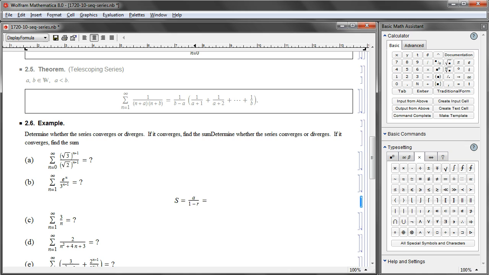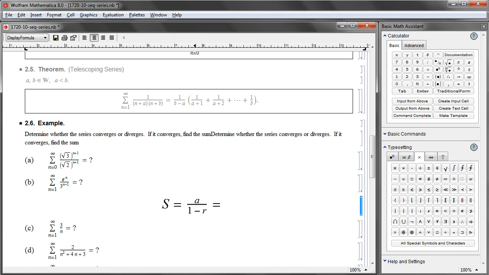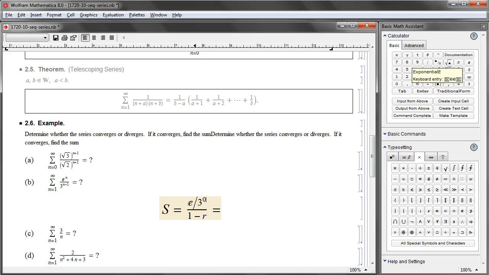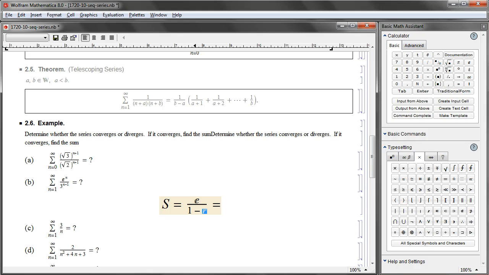So the numerator will be e to the first power divided by 3 to the n minus first power. Plug in 1, then you get 3 to the 0 power, which is 1, so I don't have to do that. So we got the first term done. 1 minus r.